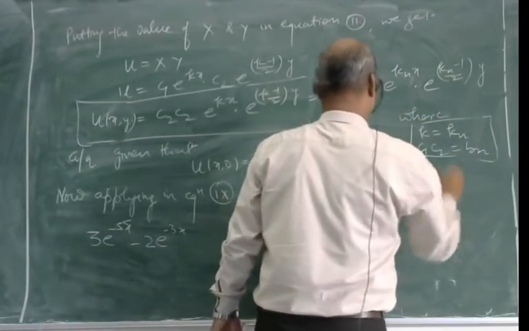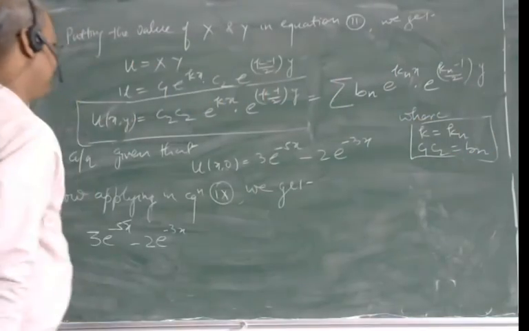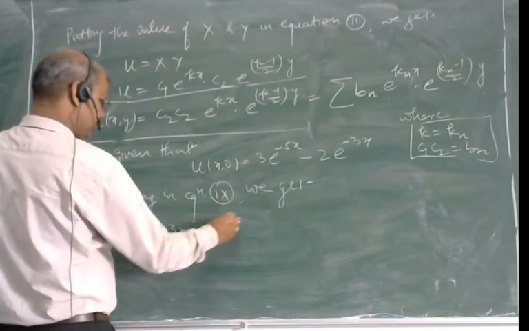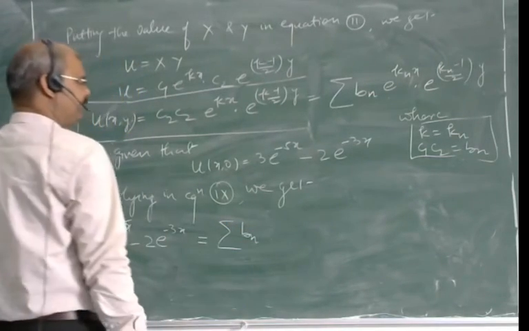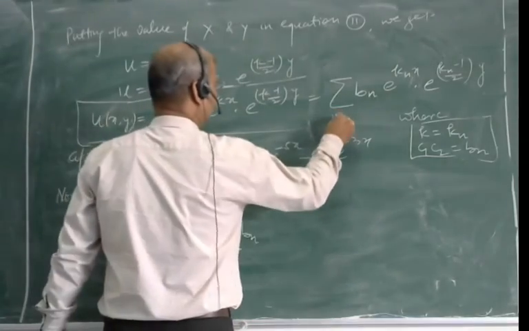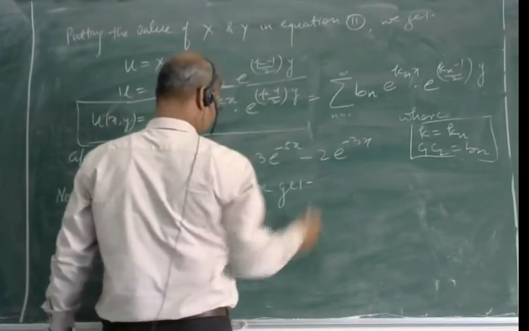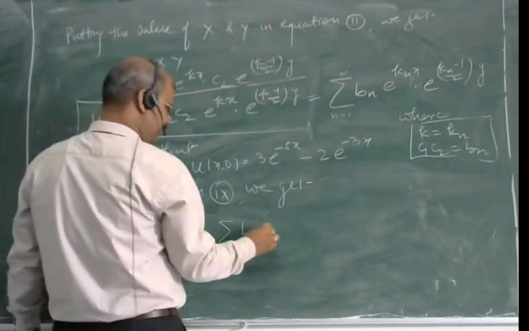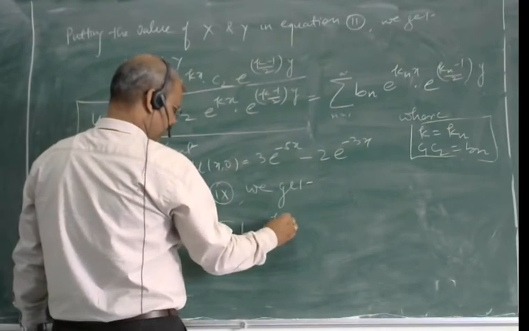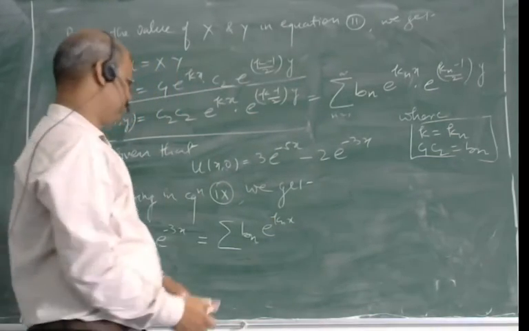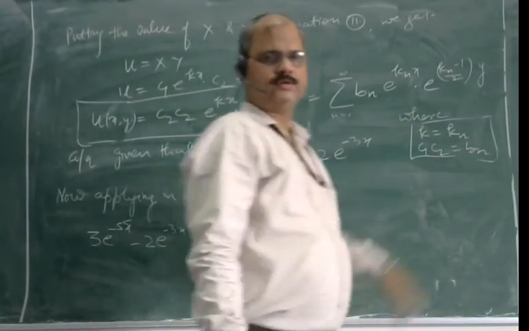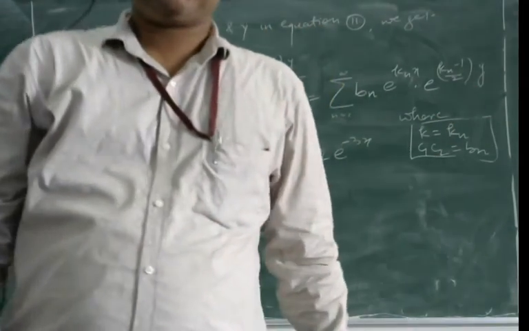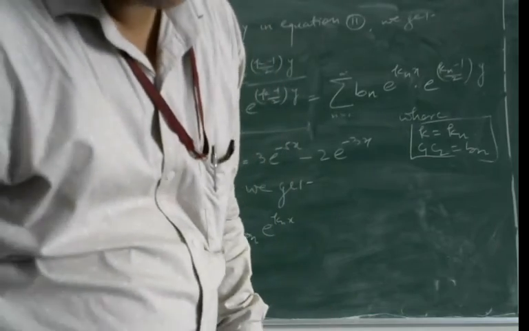Just see, after putting this, it becomes summation bn, n varying from 1 to infinity, bn e to the power knx, because by putting y equal to 0, it becomes 0.